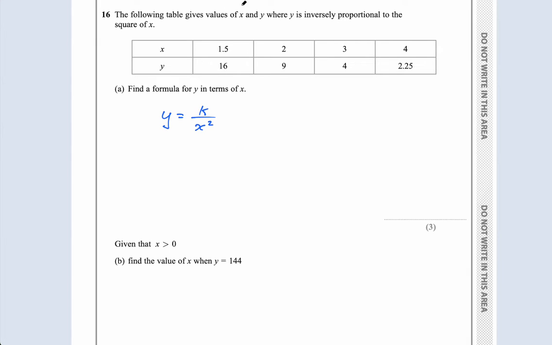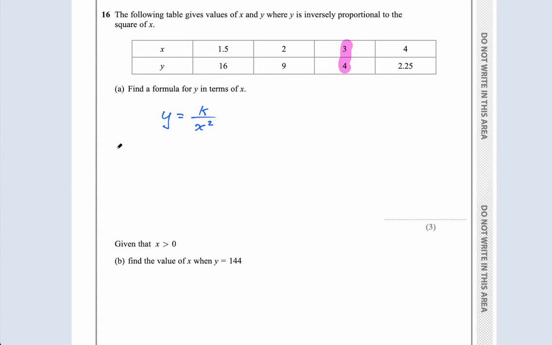However, what's not familiar is the fact that they've given us a table of values. So usually they just give you one value to say when x is 3, y is 4. But here they've given us lots. So it's actually, as far as I can see, just to try and confuse you. Let's use these two. We have x is 3 when y is 4.